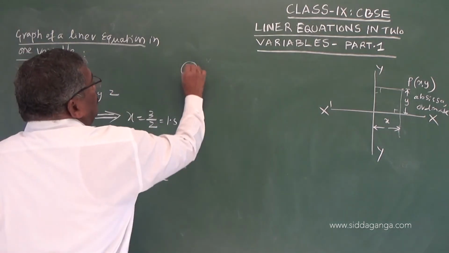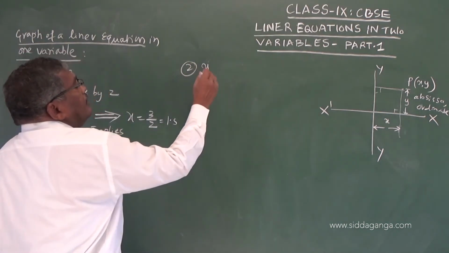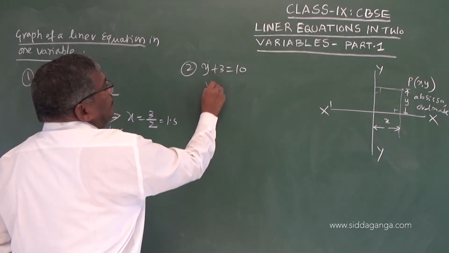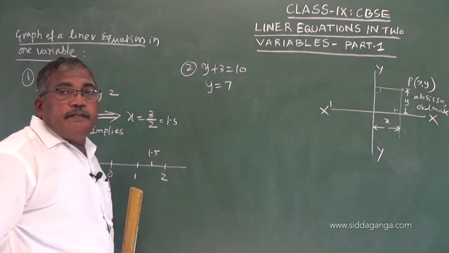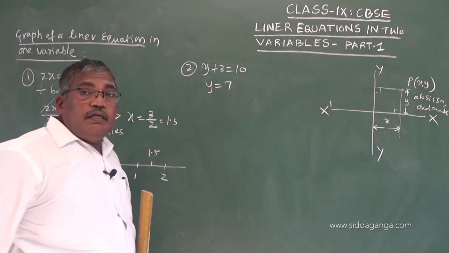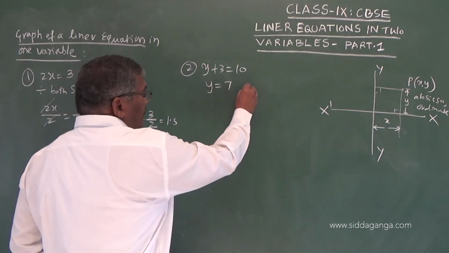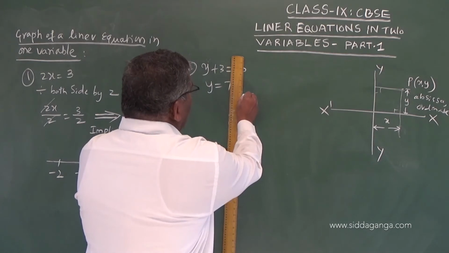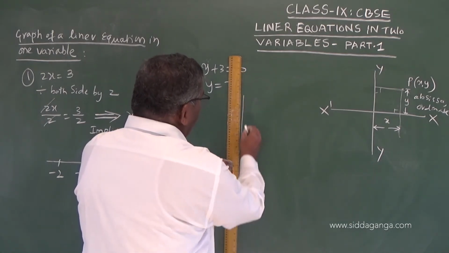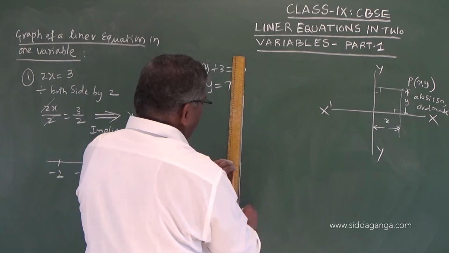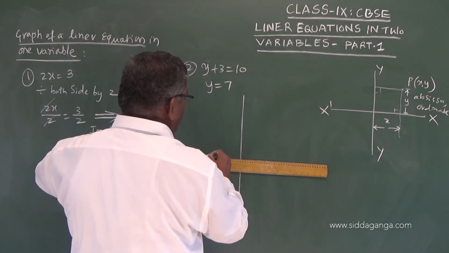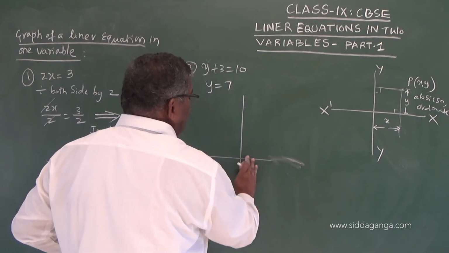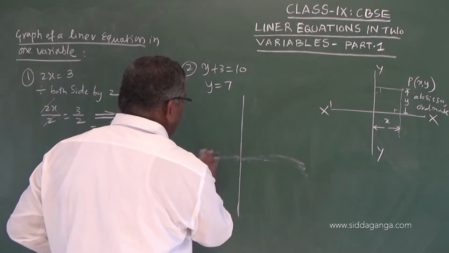Suppose you take this example 1. If I have y plus 3 equals 10, let us say. If we calculate, y is equal to 7. To represent y, what we do is we take a vertical number line, because we have a y value. So this is the x axis. So don't get confused.